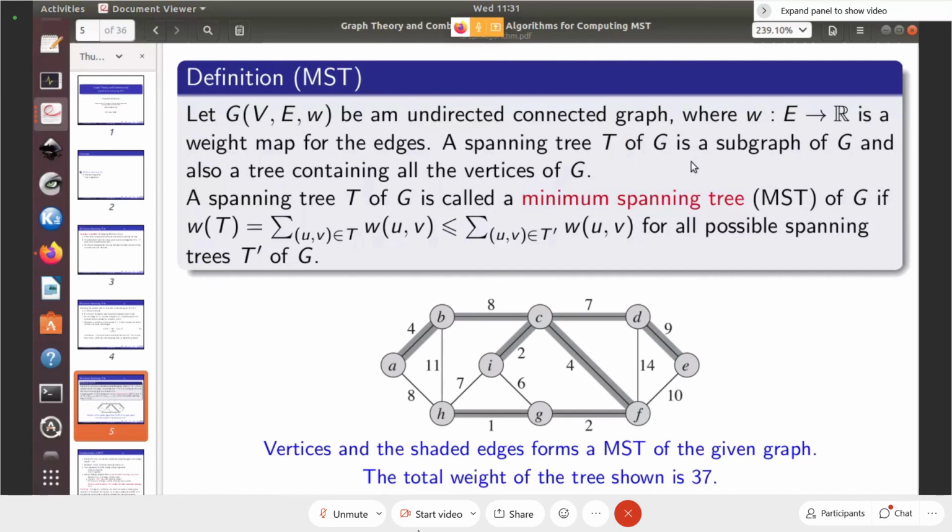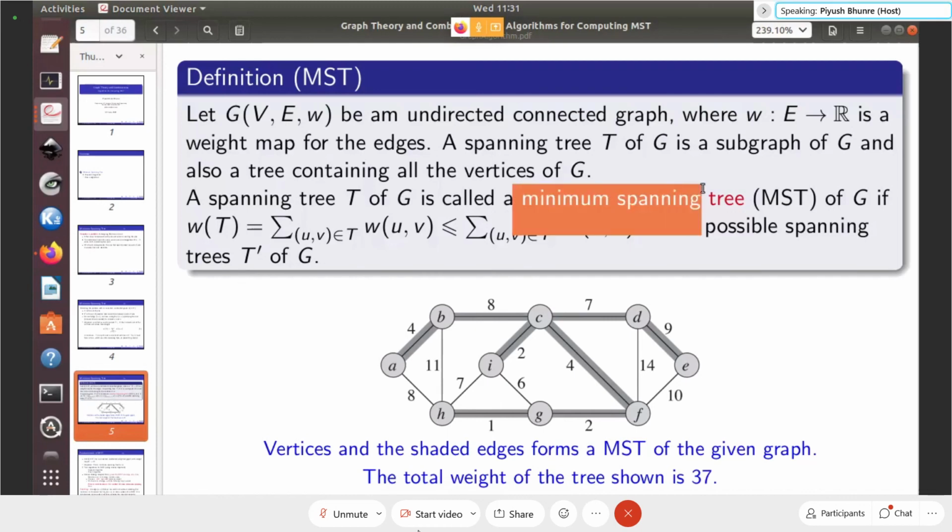So if you have just a spanning tree, that's enough actually. This spanning tree T of G is called a minimum spanning tree if the weight of T is minimum. That is, the weight of T is less than or equal to the weight of T prime, where T prime is any other spanning tree containing all the vertices of G.